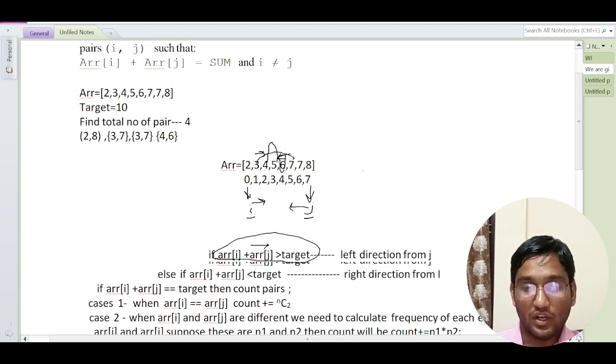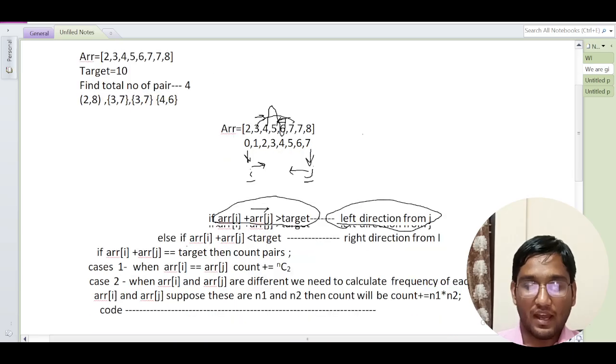So in order to reduce array[j], we need to move in the left direction from j, and vice versa. If array[i] plus array[j] is lesser than target, we need to move in the right direction from this i, because if we move right from this i, array[i] will become greater and greater.